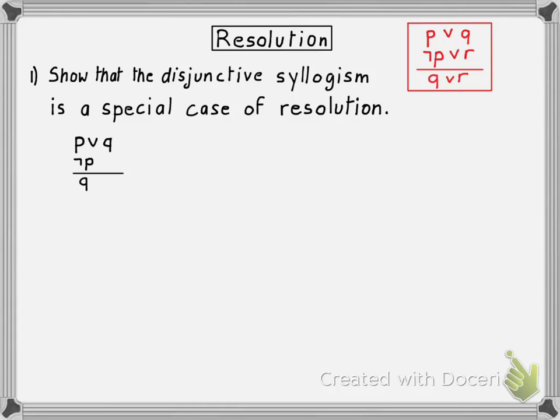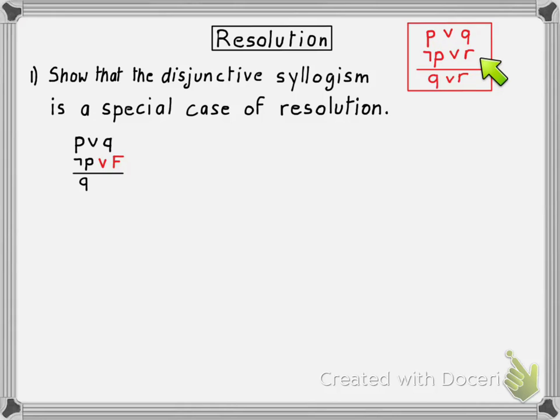Well, we can use the second law of identity and add the disjunction or with any proposition that's always false. In other words, any contradiction. Not P or F, remember, is logically equivalent to not P. And now we match the template for resolution where R is now F.